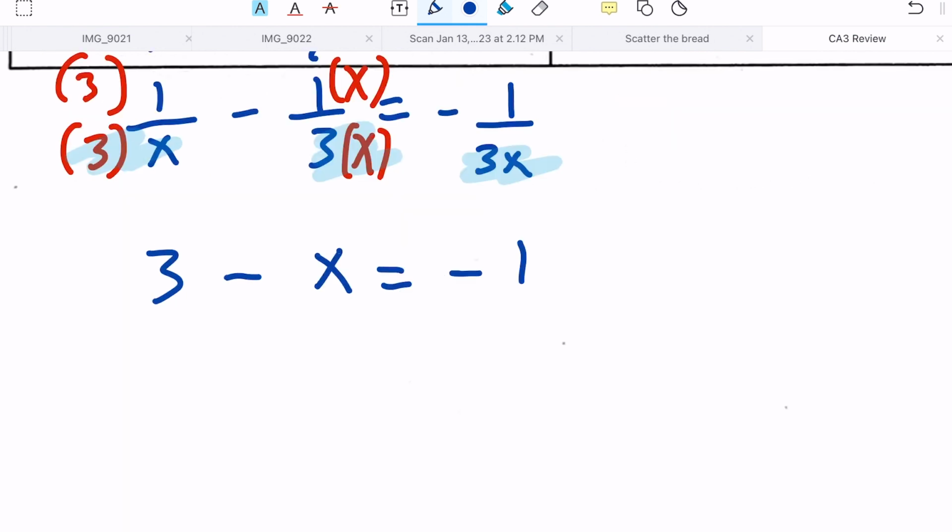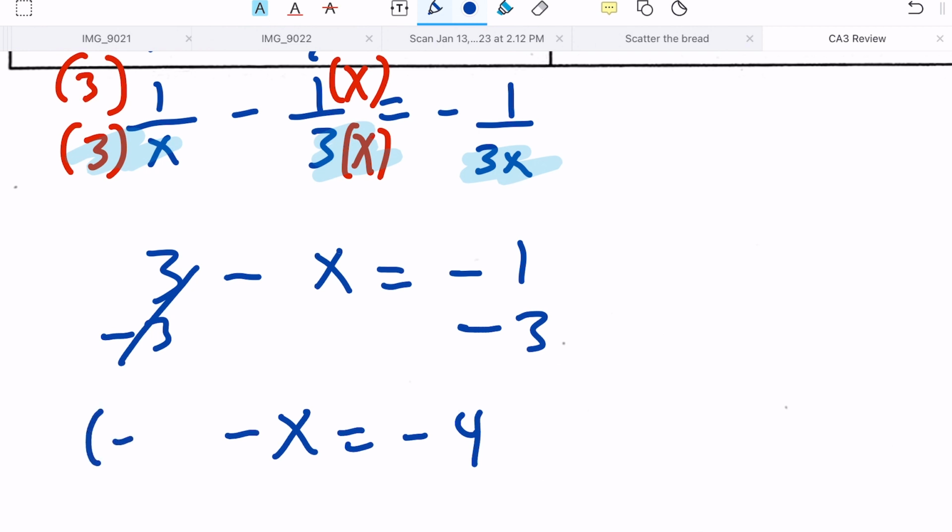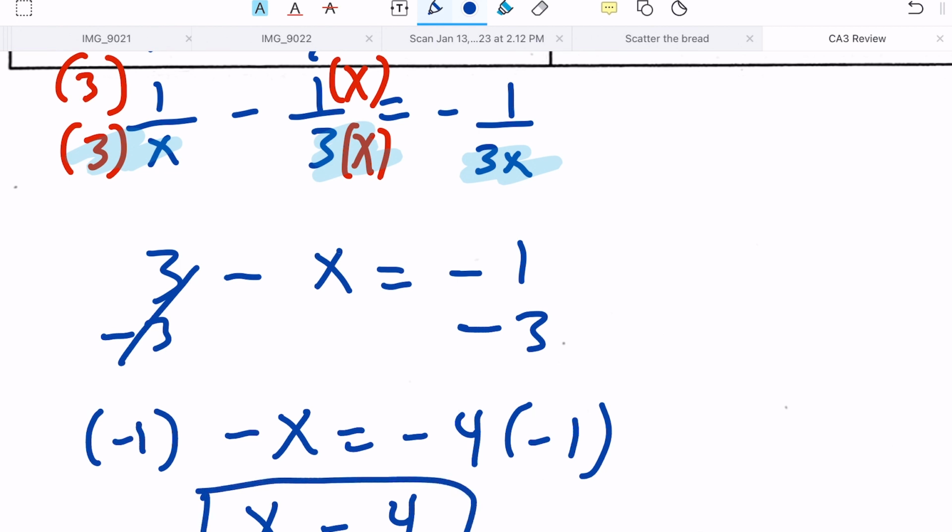Everybody look up here. We subtract 3 on both sides. So we get -x equals -1 and -3. That becomes -4. So we have to get x by itself, but there's a negative, so you can just multiply by -1 on both sides. That makes it positive, right? Negative times negative is positive. -4 times -1 is 4. Okay, so that is x equals 4.